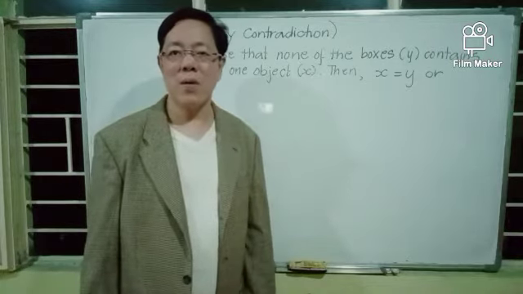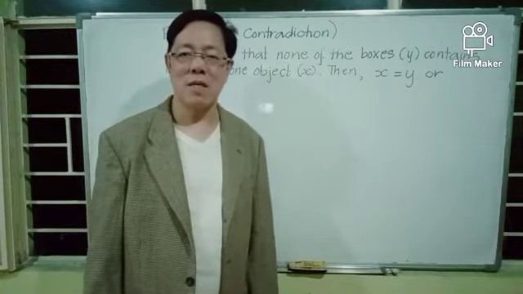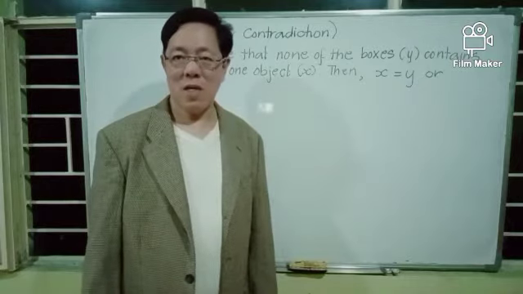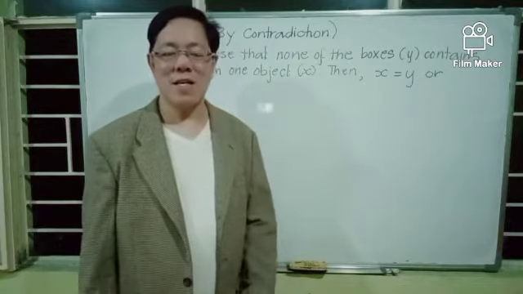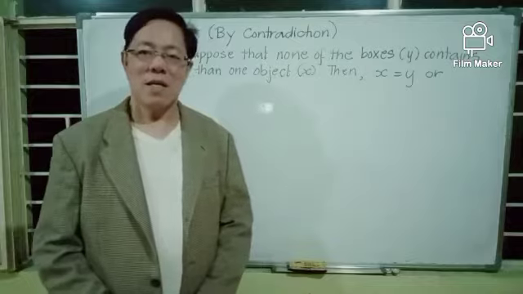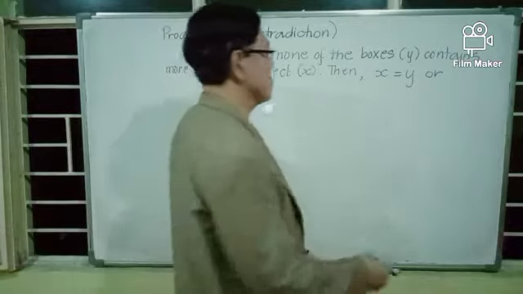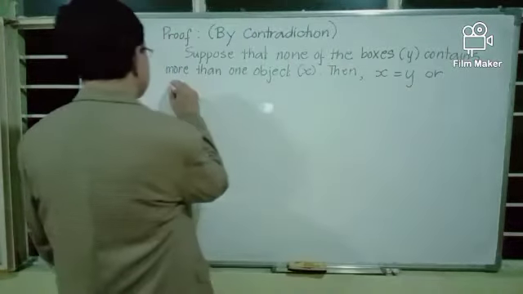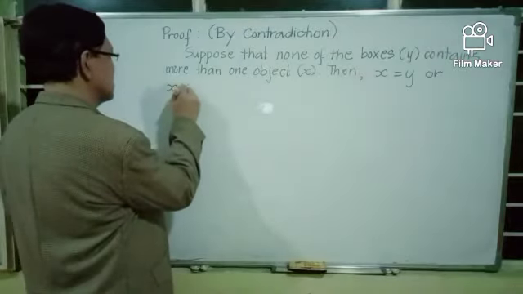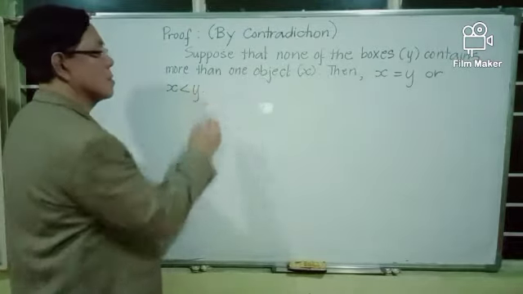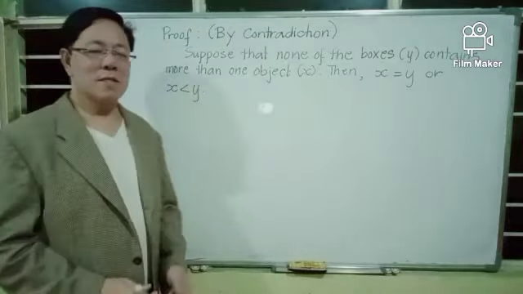And that can happen if the number of objects is less than the number of boxes. In symbols, we write x is less than y.